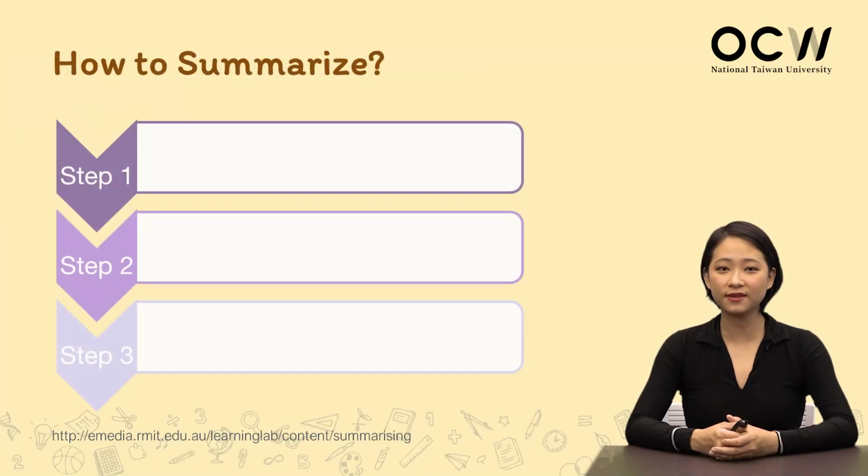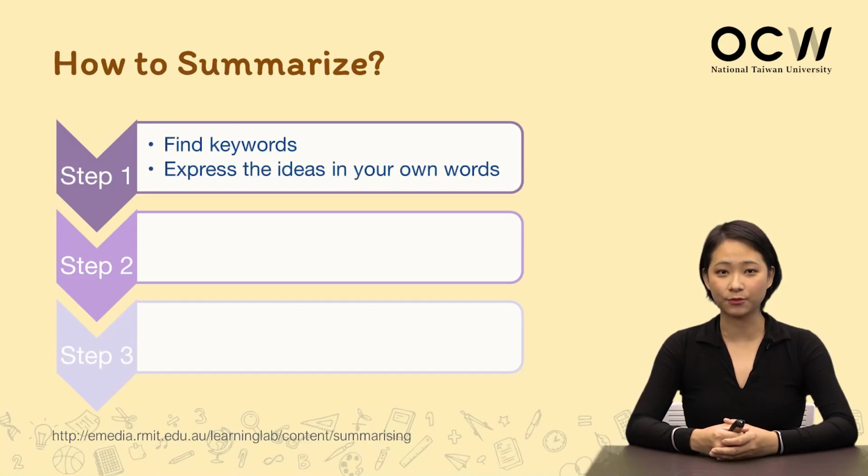Next, we're going to the steps of summarizing. The first step when we are writing a summary is finding the keywords that are present in the research. Next, you need to ensure that the words expressed in the original text are translated into your own words, so you're not using them word by word.